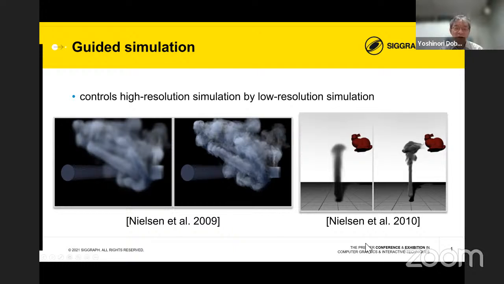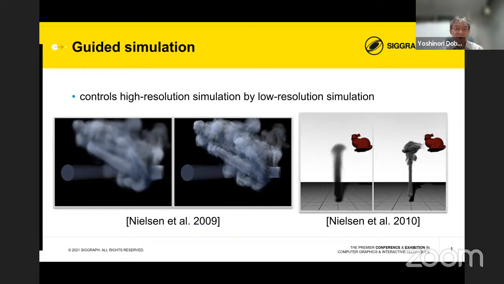And the guided simulator uses the low resolution velocity field as input, and synthesizes high resolution small scale details, as shown in this picture. If you compare these, the overall motion looks similar, but the high resolution details are successfully generated. So this method is very useful, and very convenient, particularly for the production environment.